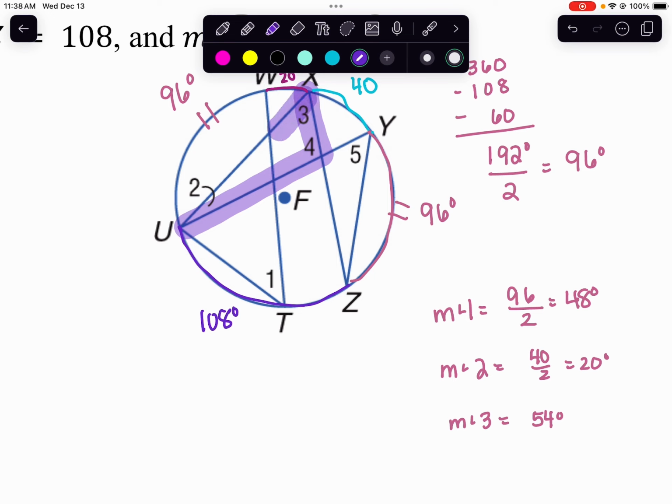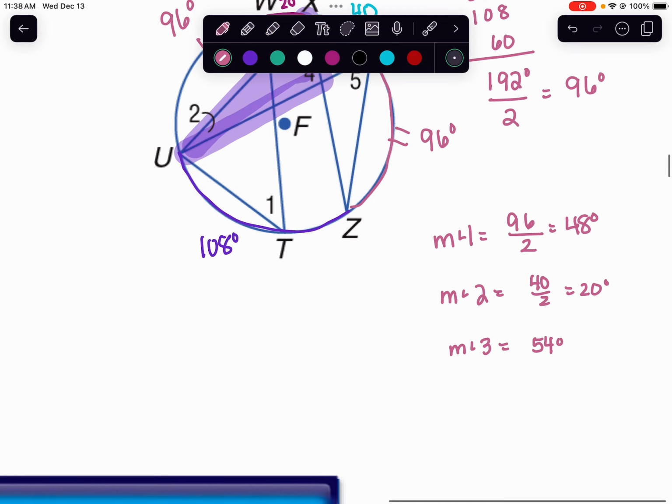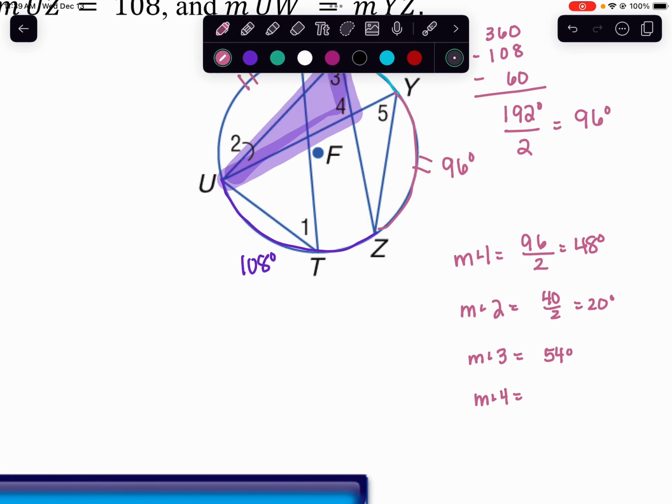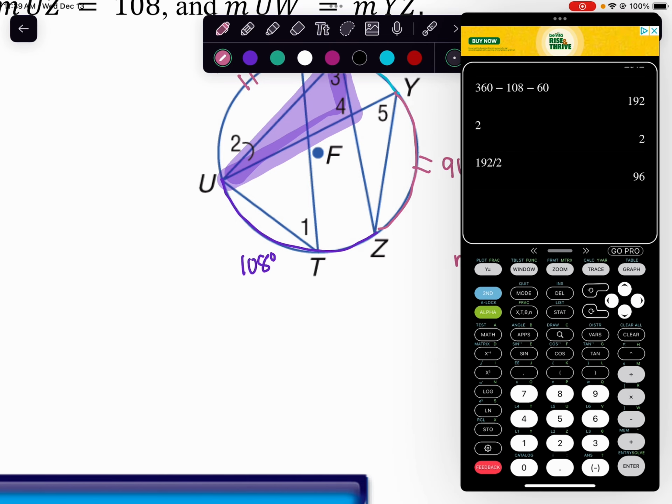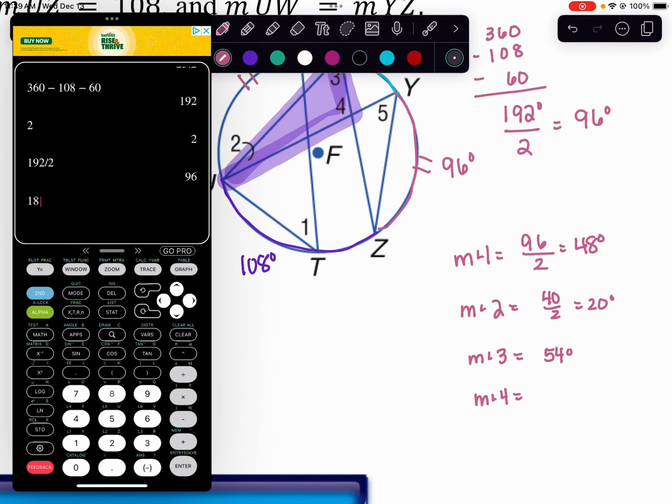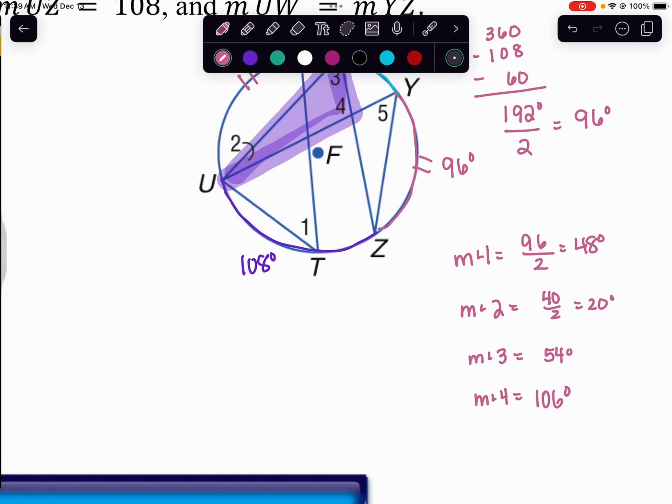But angle 4 is part of this triangle, and I know angle 2 and angle 3. If I know two of the angles of a triangle, we simply subtract them from 180. So I take 180 minus angle 2, which is 20, minus angle 3, which is 54, and that leaves the measure of angle 4 as 106 degrees.